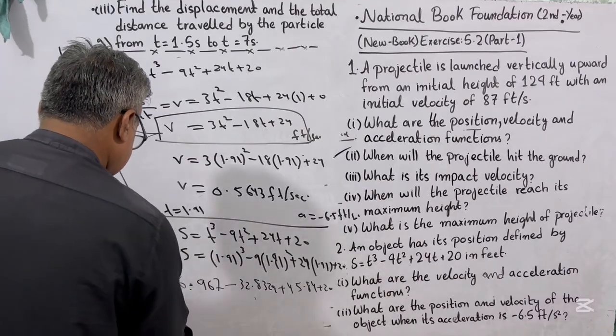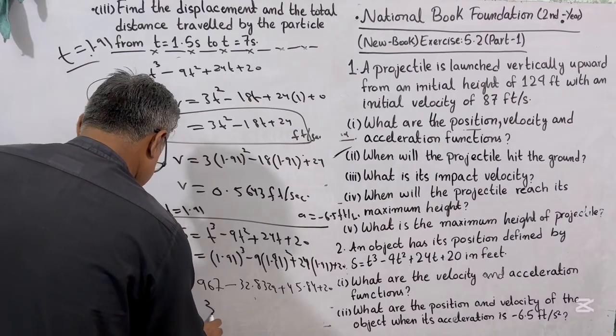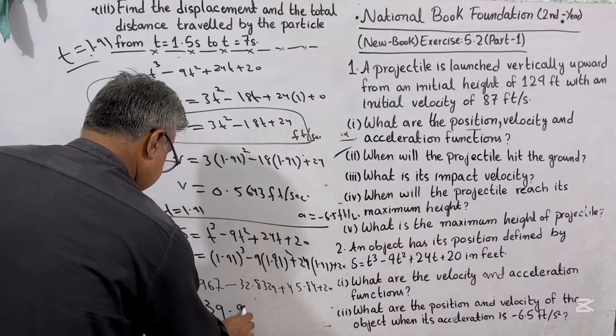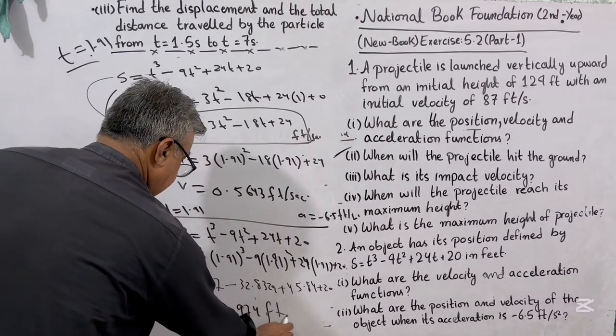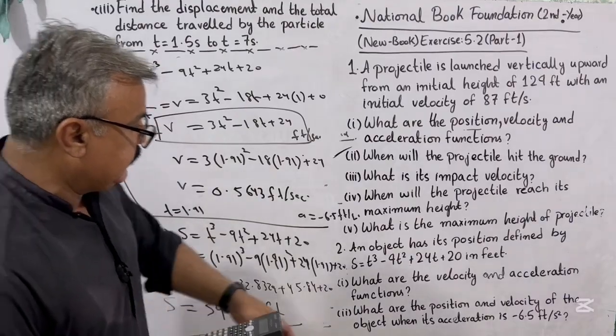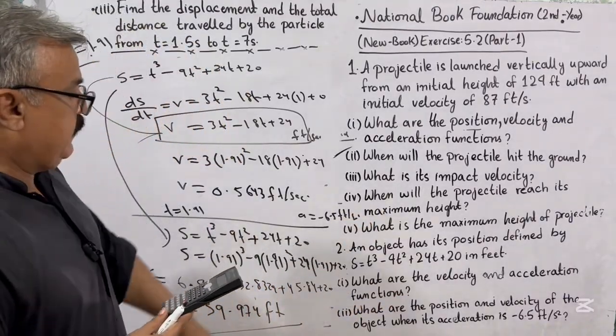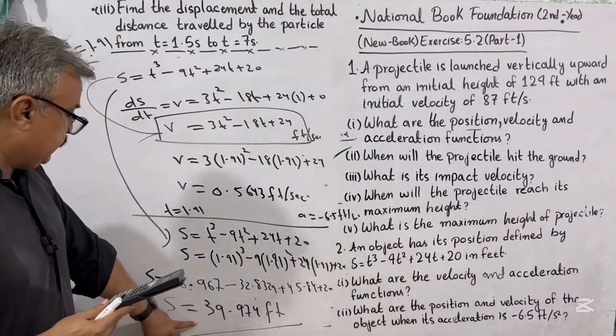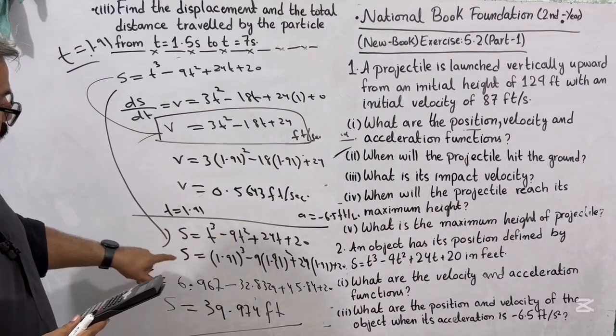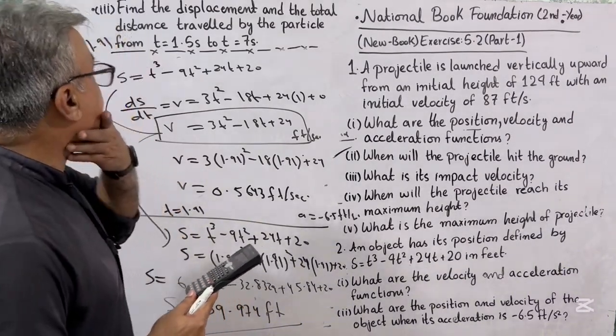We have S is 39.974 feet when our acceleration is negative 6.5 feet per second square. That is the position, and that is the velocity when acceleration is negative 6.5.